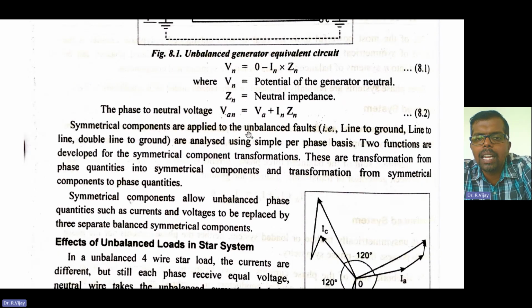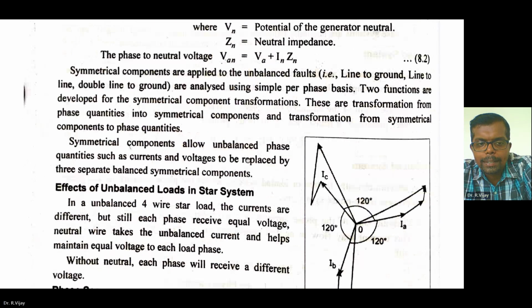Symmetrical components are applied to the unbalanced faults, that is line to ground, line to line, and double line to ground, which are analyzed using a simple per phase basis. Two functions are developed for the symmetrical component transformations: the transformation from the phase quantities into symmetrical components, and the transformation from the symmetrical components to the phase quantities.